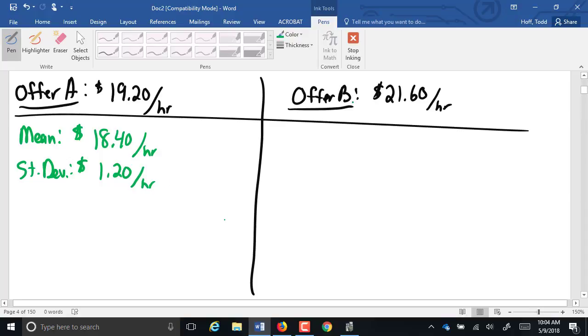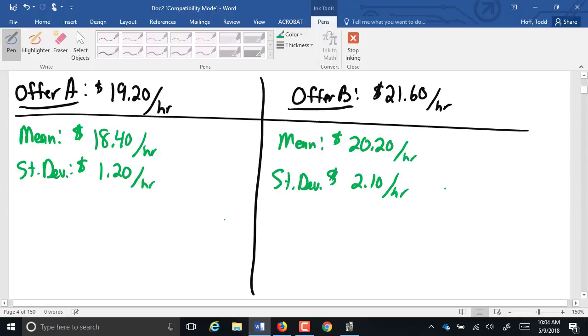Let's say in the area that offer B is from, the mean wage is $20.20 per hour, with a standard deviation of $2.10 per hour.